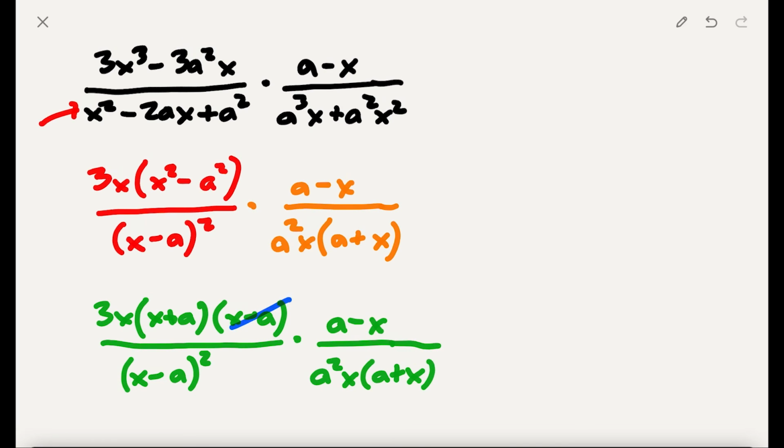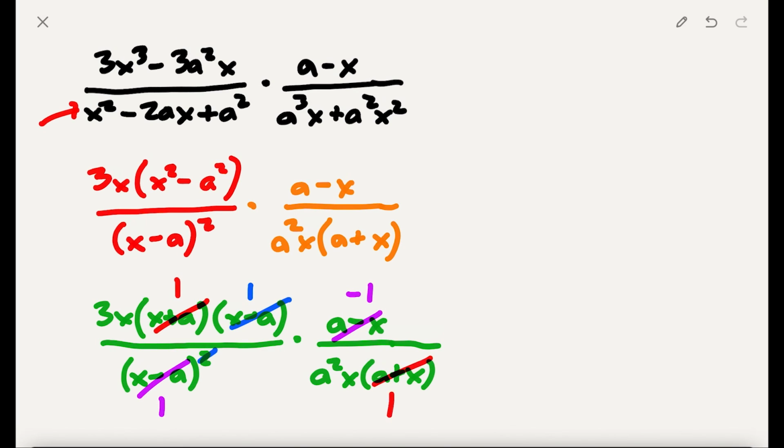All right, so one of these is going to cancel here. I can cancel this and this, and since they're switched orders, I can just put a negative here. Okay, next I can get rid of this x plus a and this a plus x right here.